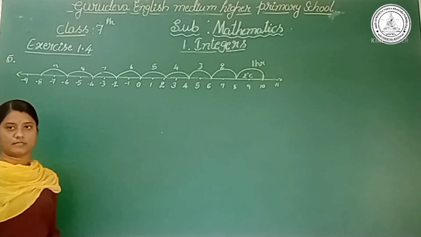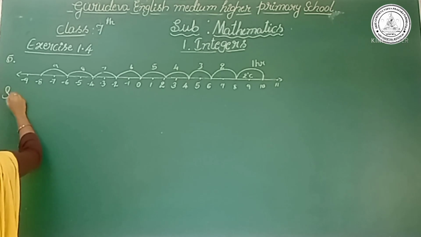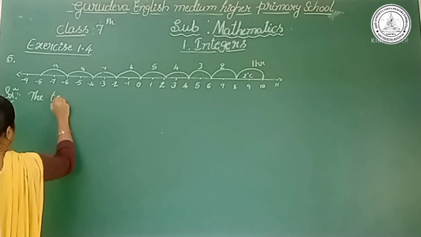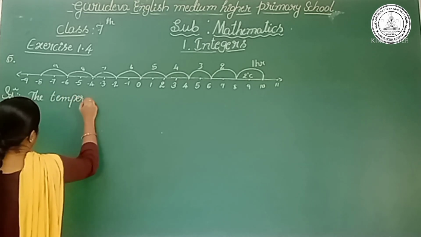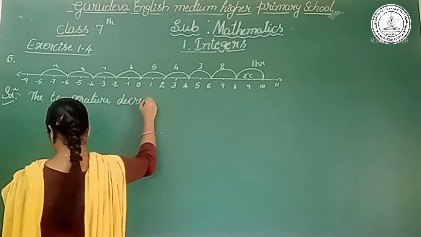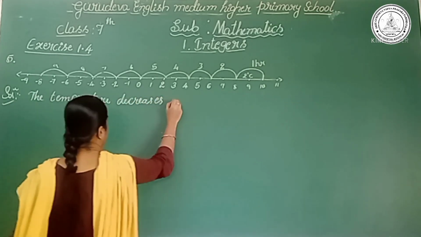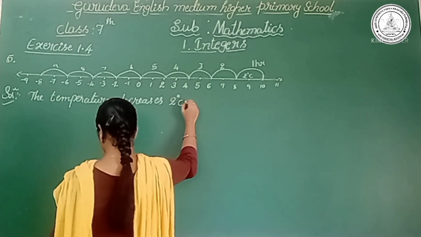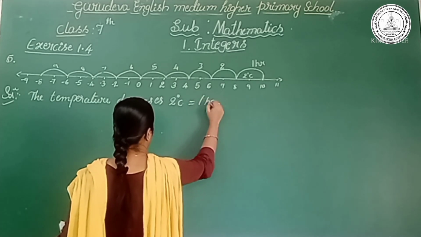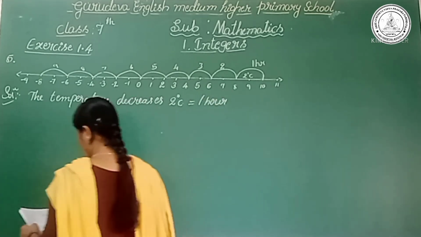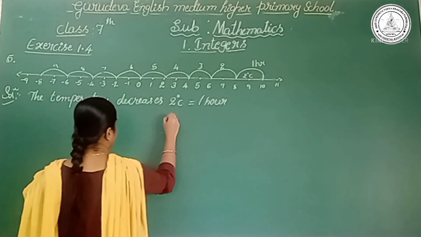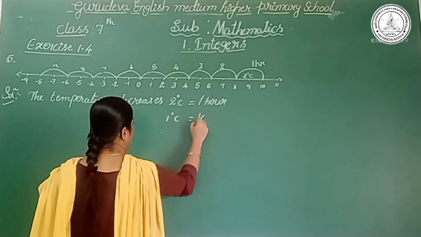Right? So first write down the sentences here. Solution. The temperature decreases 2 degrees Celsius for 1 hour, and it decreases 1 degree Celsius for half an hour.